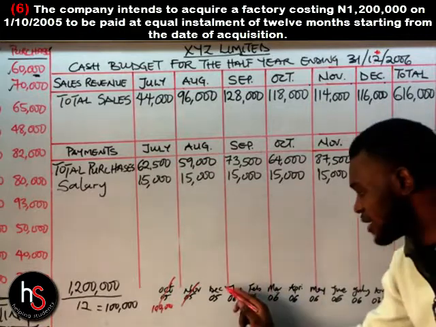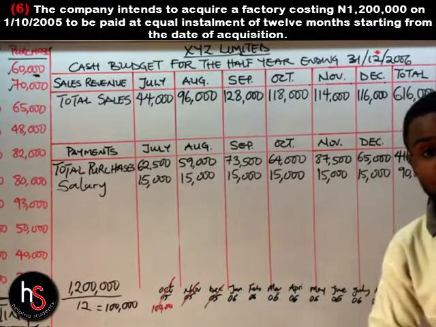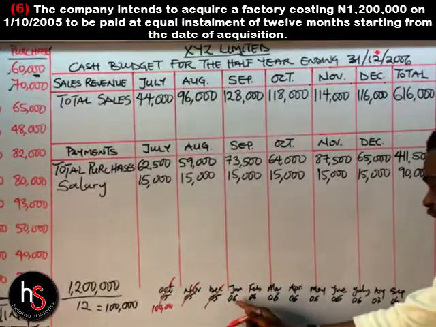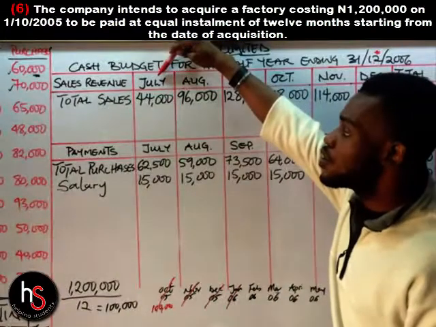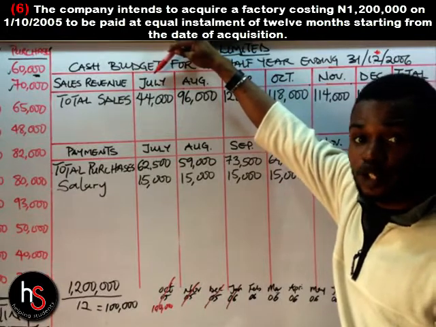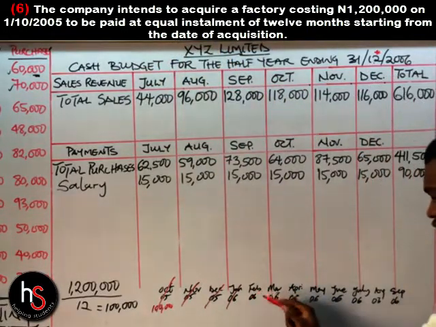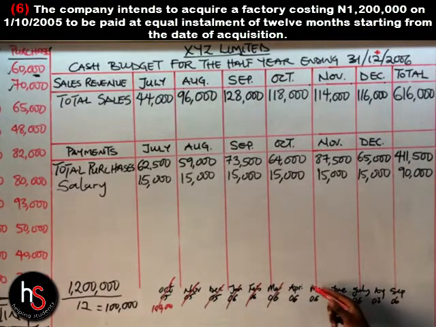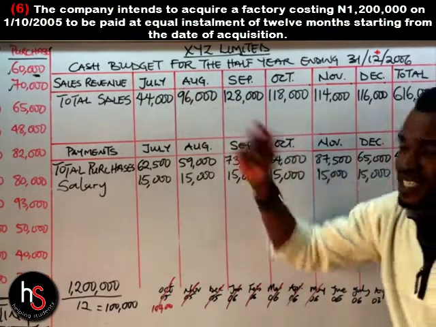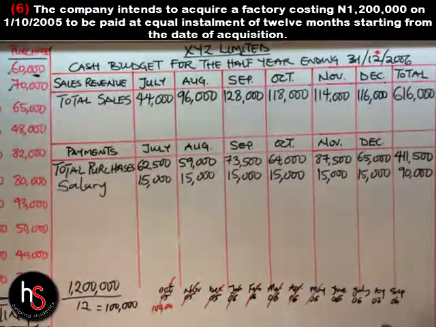In December 2005 they have paid 100,000. In January 2006 they have paid 100,000. Remember, our month of significance starts in July. In February, March, April, May and June 2006 they have paid.